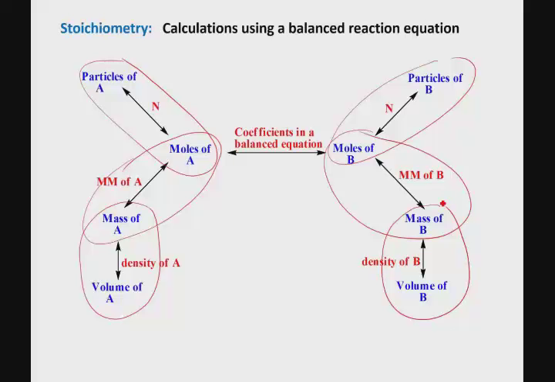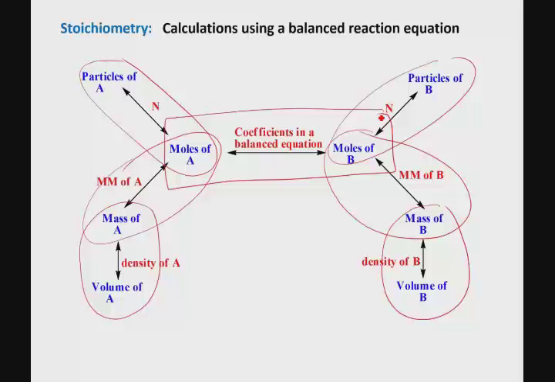The only new part that we are adding in this session is the mole relationship between A and B using the coefficients in the balanced reaction equation. We said in the previous session that the coefficients in a balanced equation give us the molar ratios between the substances involved in a balanced equation.